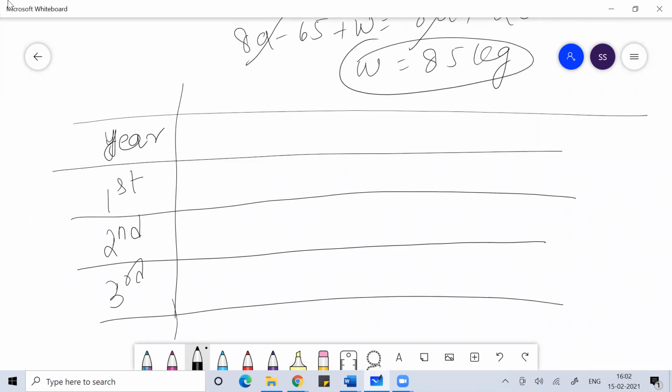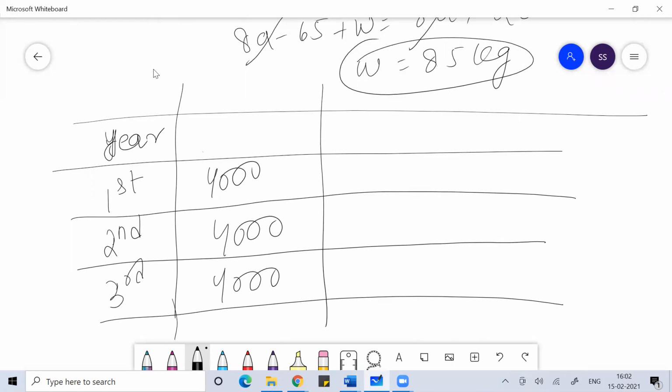Every year he's spending a total of 4,000 rupees.